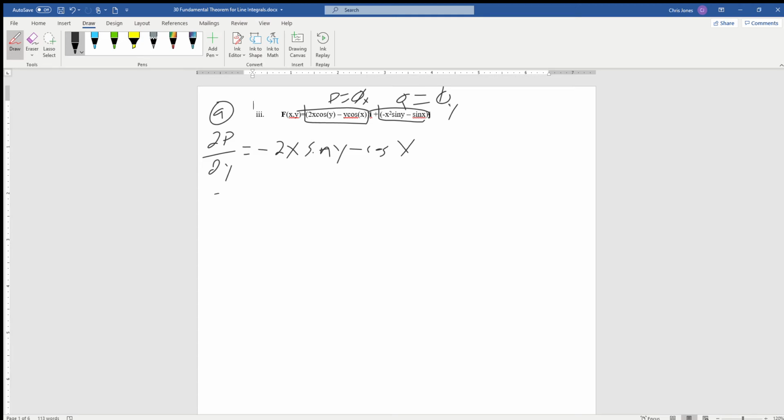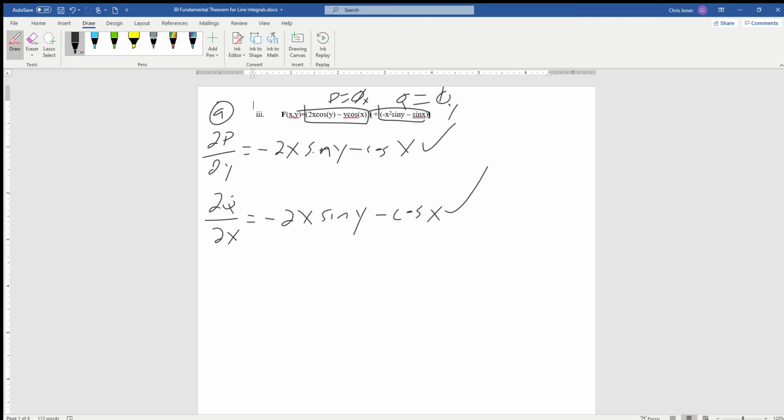And then partial of Q with respect to x. Partial of negative x squared, negative 2x. Sine is going to be a constant of y. Derivative of negative sine, negative cos x. Right? And those are the same, so that means that we indeed have a conservative vector field.